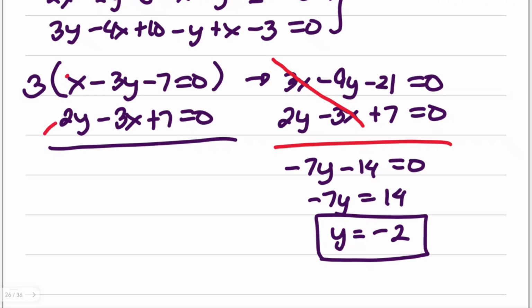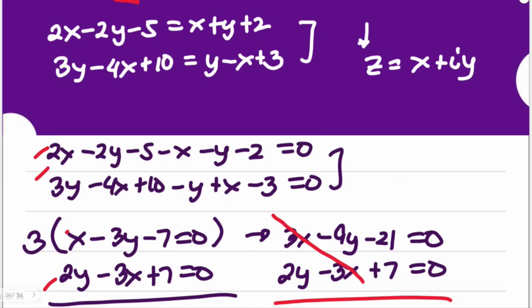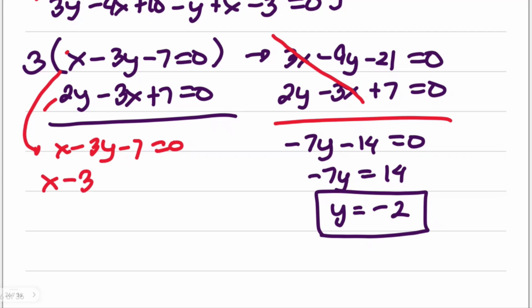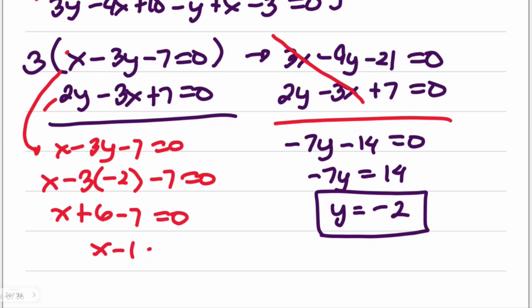You can even use it here or here, because if you would like to make sure that all of your processes are correct, it should satisfy all. But allow me to use the first equation here, x minus 3y minus 7 is equal to 0. You have x minus 3 times negative 2 minus 7 is equal to 0. x plus 6 minus 7 is equal to 0. x minus 1 is 0. So x is actually equal to 1.